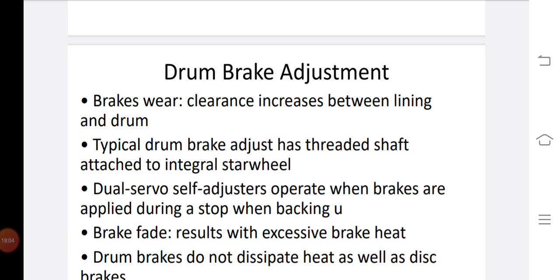When the leading shoe is pushed to contact the forward moving drum, it rotates partially with the drum due to the frictional force, and this shoe movement produced by the self-wrapping action is conveyed through a floating adjuster to the trailing shoe so that the shoe is brought into contact with the drum. The force applied by the expander is supplemented by the self-energizing action of both shoes.